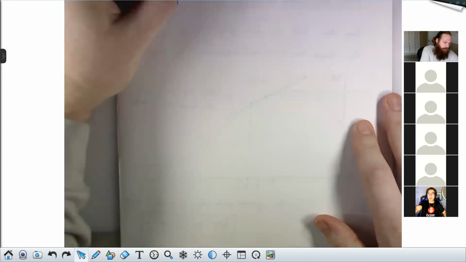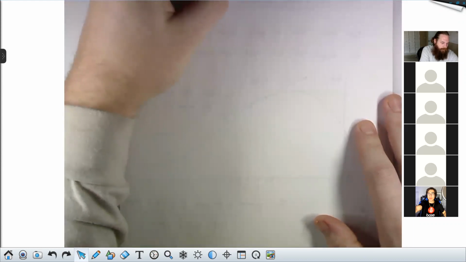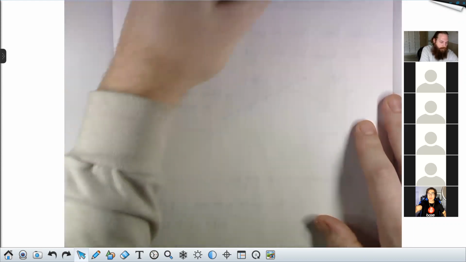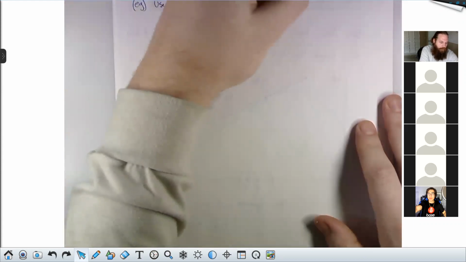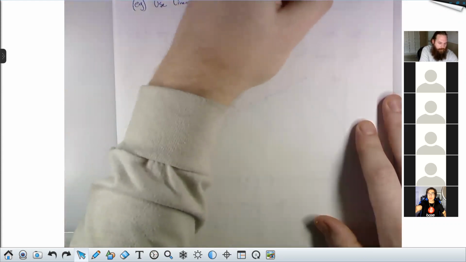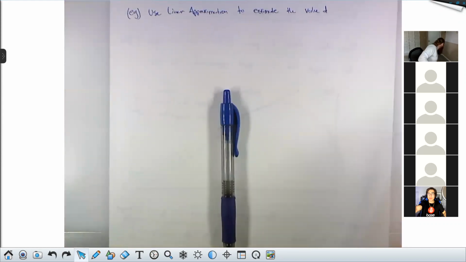Use linear approximation to estimate the value of, I guess I should grab an example from your textbook so I don't end up wandering through a more difficult problem than we want to.